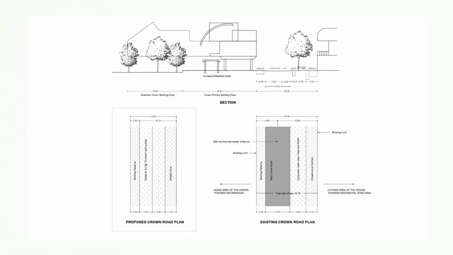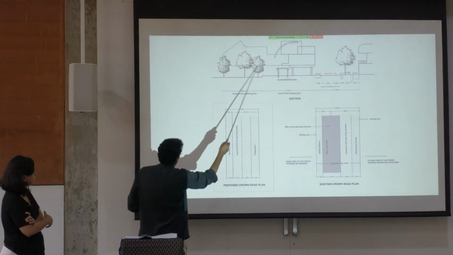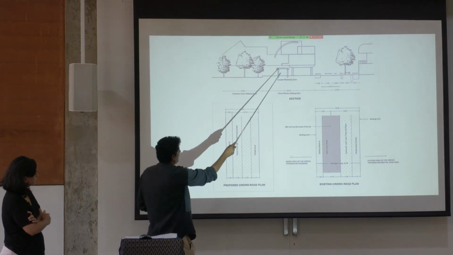So what we did was take the section which we got from TDC and tried to understand it and see what that gives us. This is the plan which goes with that section. So you see here, the crown is all pedestrian, a covered pedestrian zone. The idea is that people are walking through here.